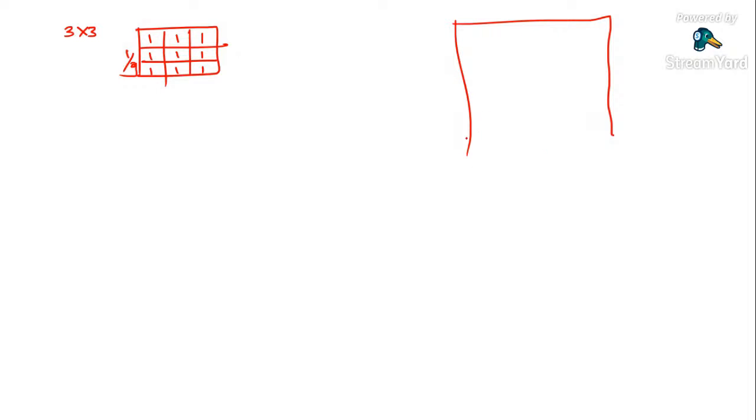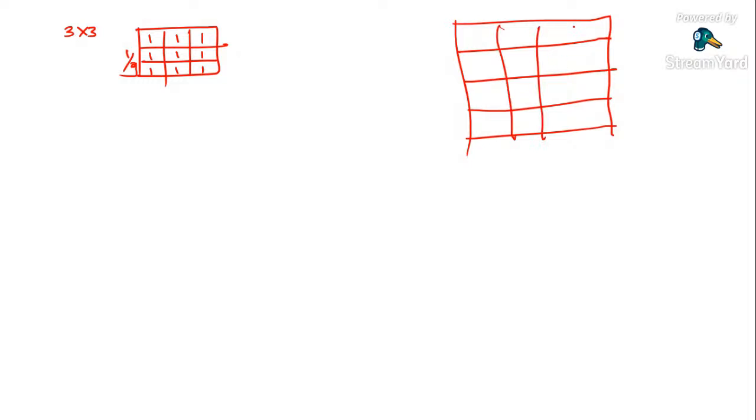Once again, I will show you the 3 by 3 mask. It is normally 1 1 1, 1 1 1, 1 1 1, multiplied by 1 by 9. And we have taken the image, suppose a 4 by 4 image: 10 10 10 10, 10 10 10 10, 100 100 100 100, 100 100 100 100.